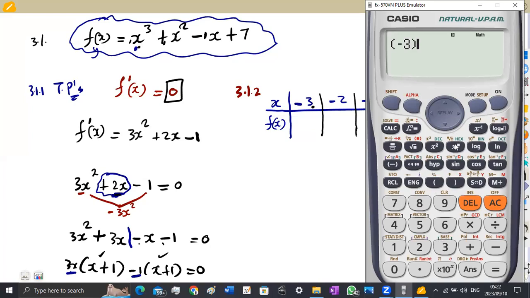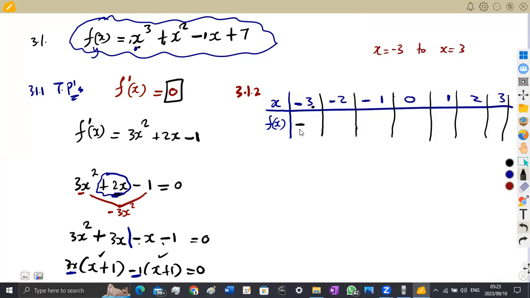That's (-3) to the exponent of 3, plus x squared, so plus our value of x, which is -3 in a bracket like this, squared. Minus x, so it's minus, you open the bracket for our x, which is -3 in this case. Remember, our x is -3. Plus a 7 in this case. So we're going to obtain -8. So the first part is going to give us a -8.